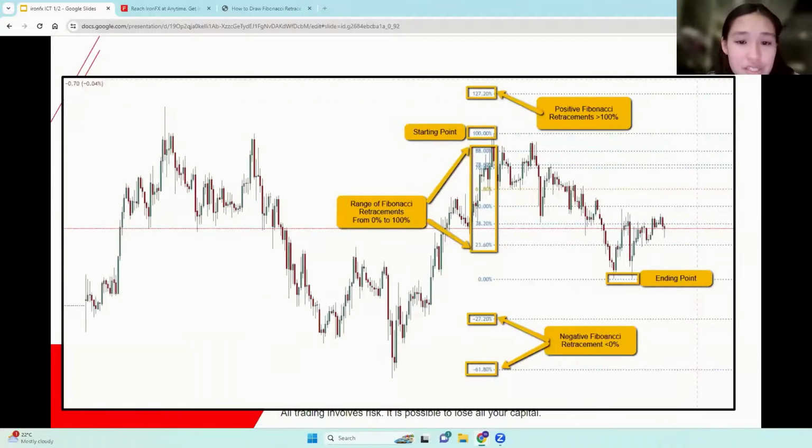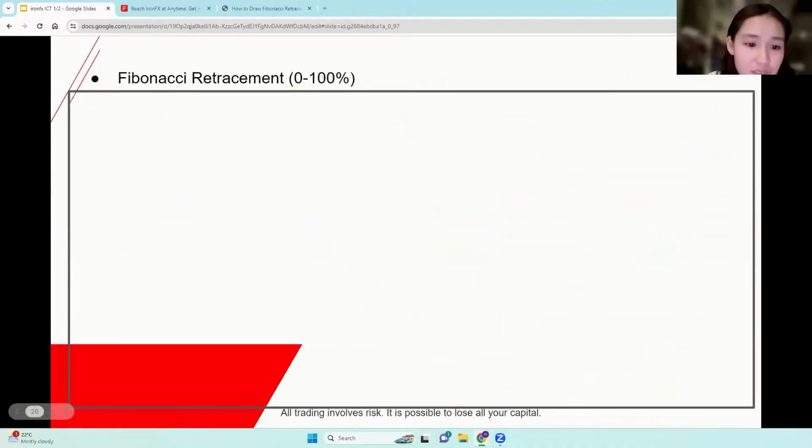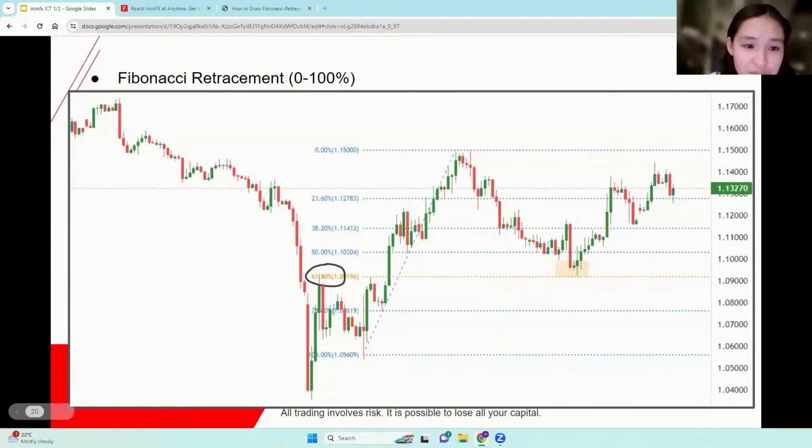Here you can see all the different Fibonacci numbers that we mentioned in the previous slide. For the ICT, we are focusing on 61.8 and 78.6. Here's another example. We are looking at the level at which price bounces off either your 61.8 level or your 78.6 level.